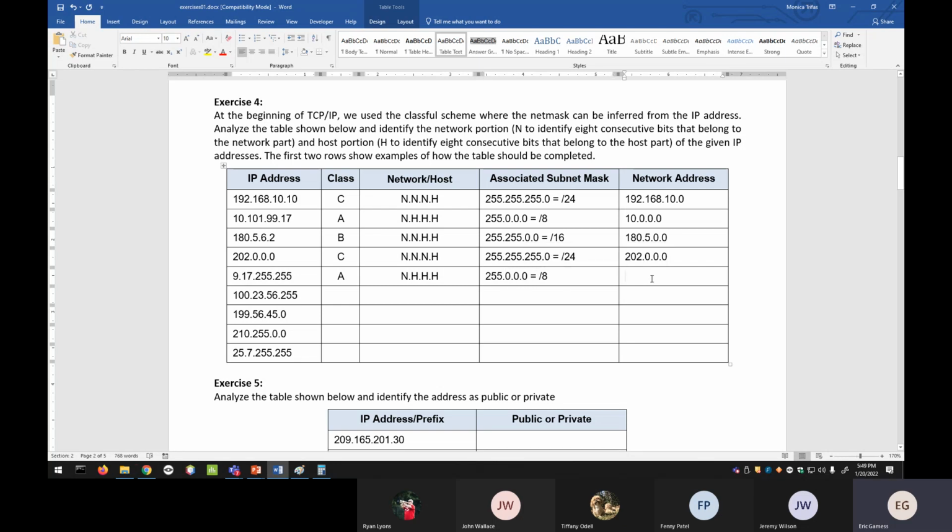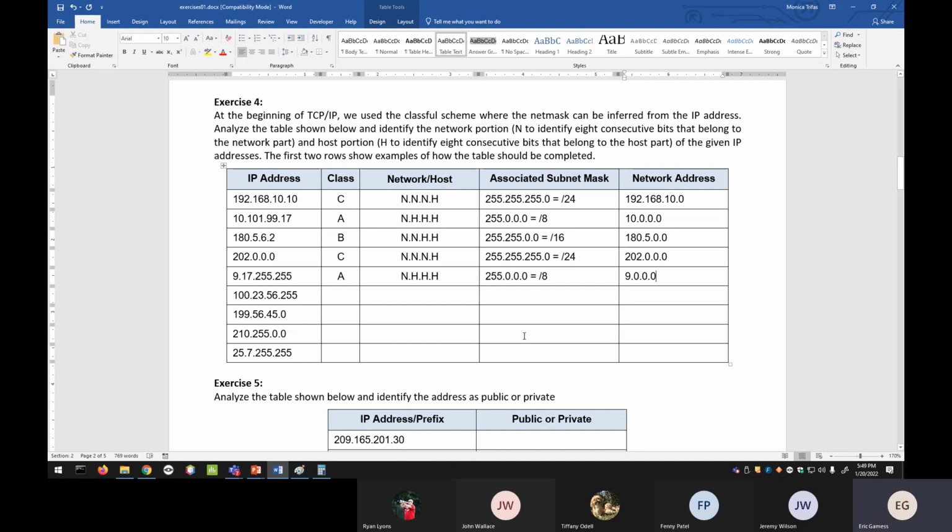So I keep the 9 as it is and the other 3 bytes 0. This is it. This is the network 9. Class A has network 1, network 2, network 3, network 4, network 5, 6, 7, 8, 9, up to network 127.